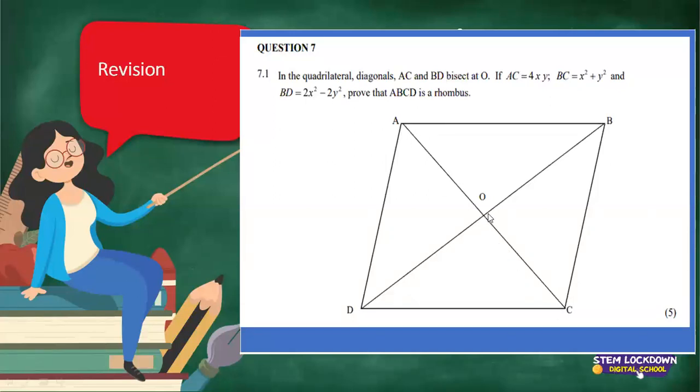Now let's try to work with a triangle, because we know this angle here is 90 degrees.